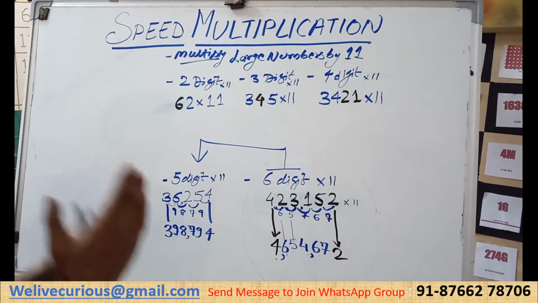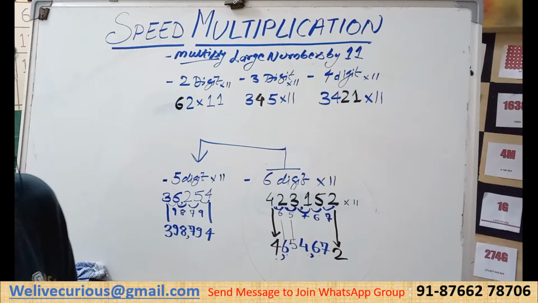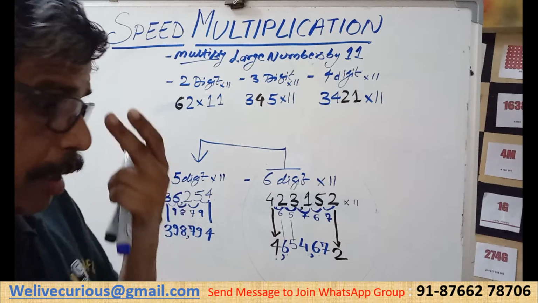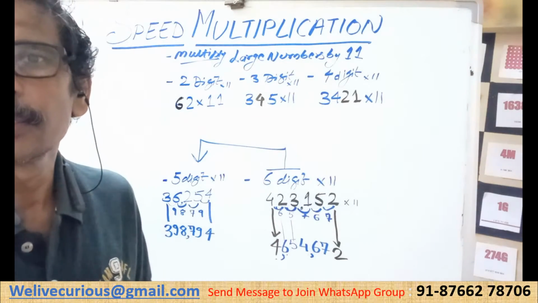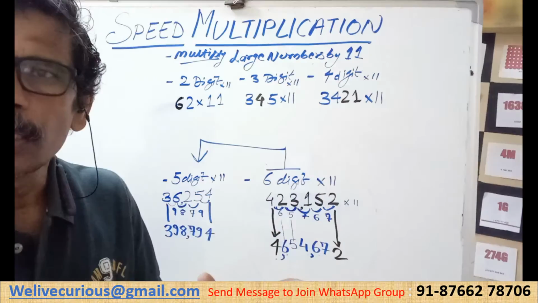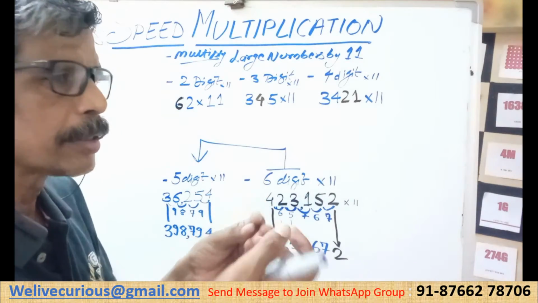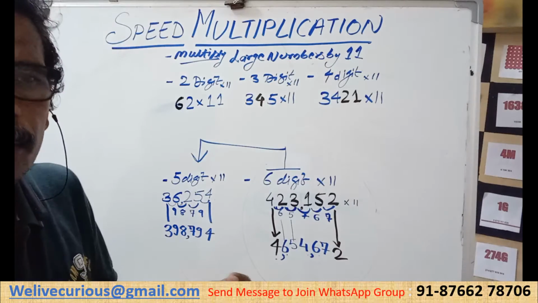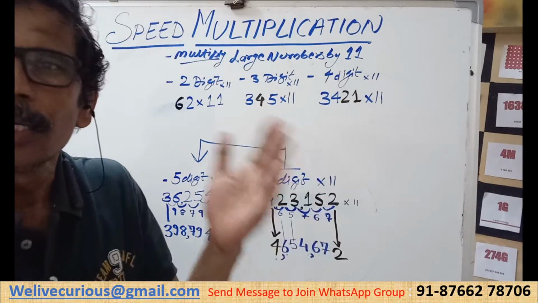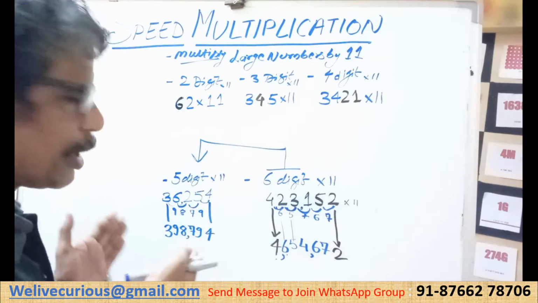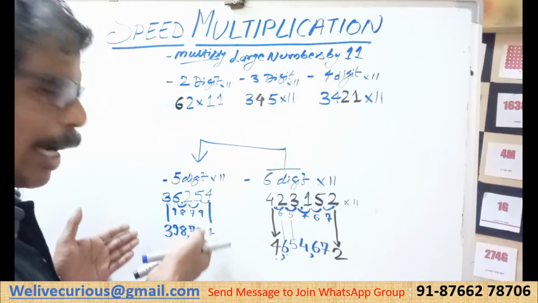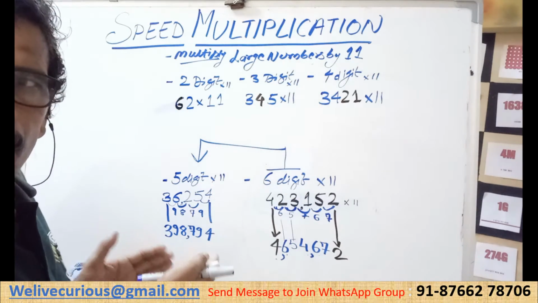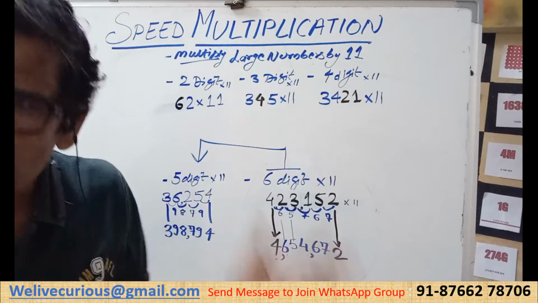So if a kid who thinks he is only capable of, who is made to think that he is small, he can only handle numbers of 10, 2 digits, 3 digits. Grade 1 student. Imagine the kind of confidence he will get if he gets to handle these numbers. His confidence will shoot through the roof.